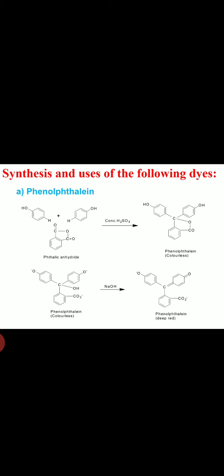It is colorless in acidic medium and red in alkali medium. Here we see the preparation of this phenolphthalein. In presence of H2SO4 it gives colorless solution, and in presence of NaOH it gives deep red color.